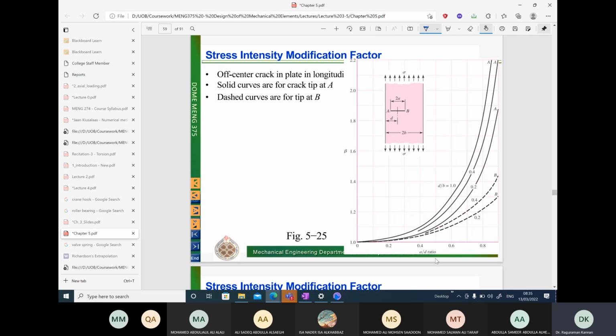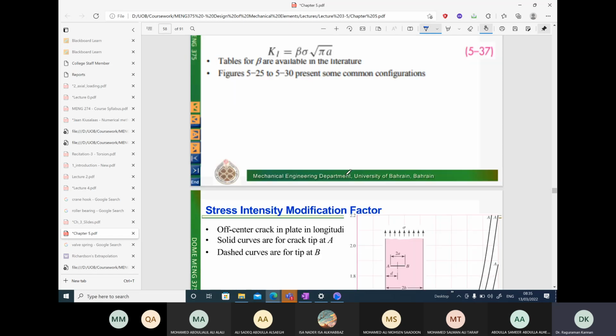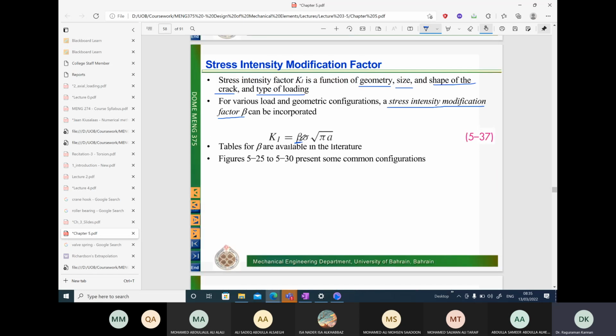The beta value will depend upon the ratios A over D and D over B. A is half the crack length, D is the location of the center of the crack according to the graph, and B is twice the width of your plate. Depending upon these dimensions, you can extract the beta value and then calculate the stress intensity factor.